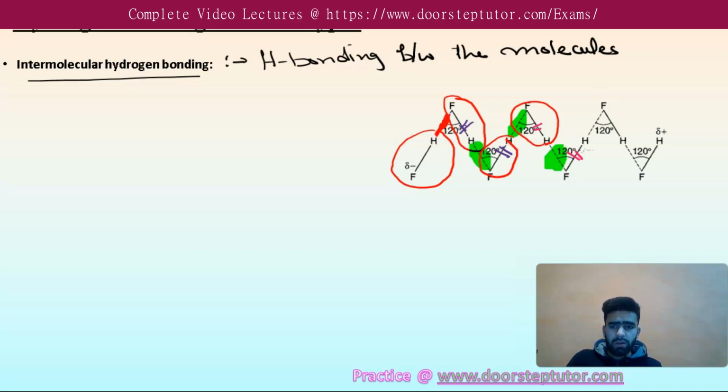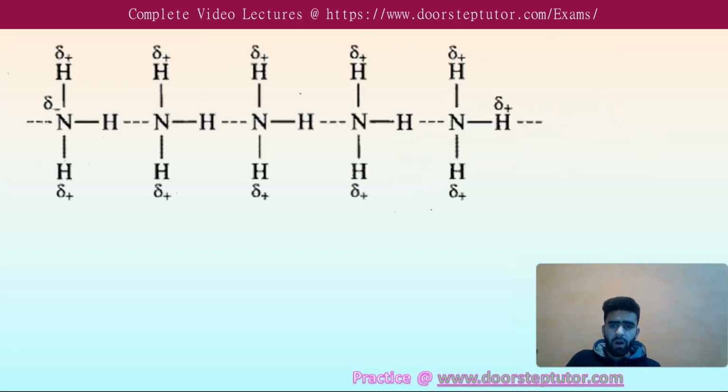Intermolecular hydrogen bonding also occurs in ammonia. In the case of ammonia, we have NH3 like this. Because of the difference in electronegativity between nitrogen and hydrogen, since nitrogen is more electronegative, it will have delta negative charge, and hydrogen will get delta positive charge.